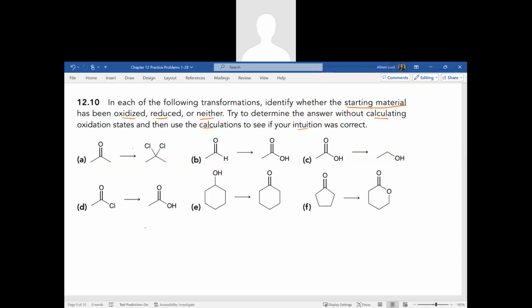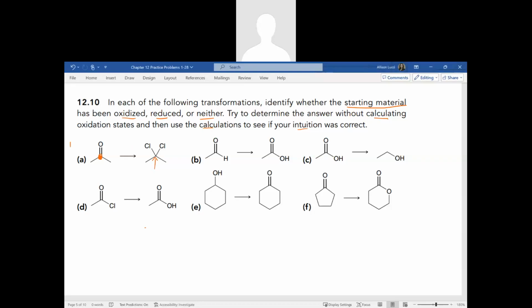So in part A here, we're going to focus on this carbon atom here whose bonding pattern has changed. So this carbon originally was bonded to two other carbons and then to an oxygen with a double bond. In our product, we see that carbon still has 4 bonds total, now to 2 chlorines instead of to the oxygen. So the oxidation state we can predict would not change for that carbon because it still has the same amount of bonds, it's still sharing the same amount of electrons, and we haven't increased the amount of bonds to oxygen, right?